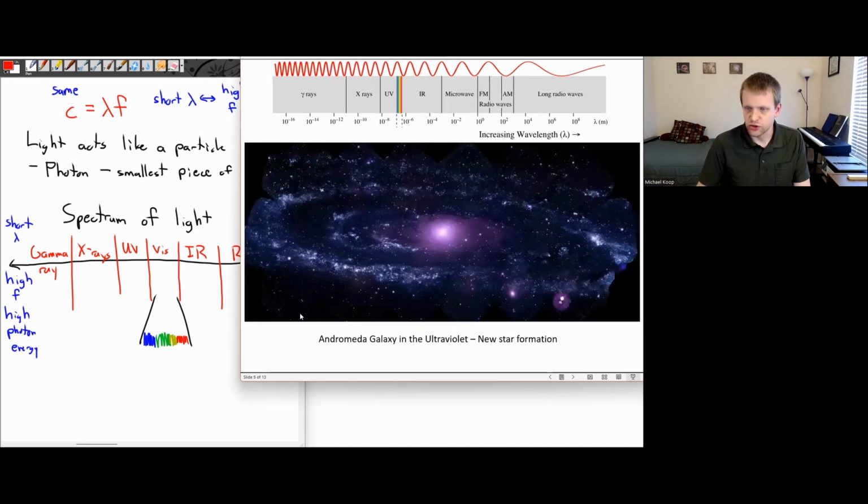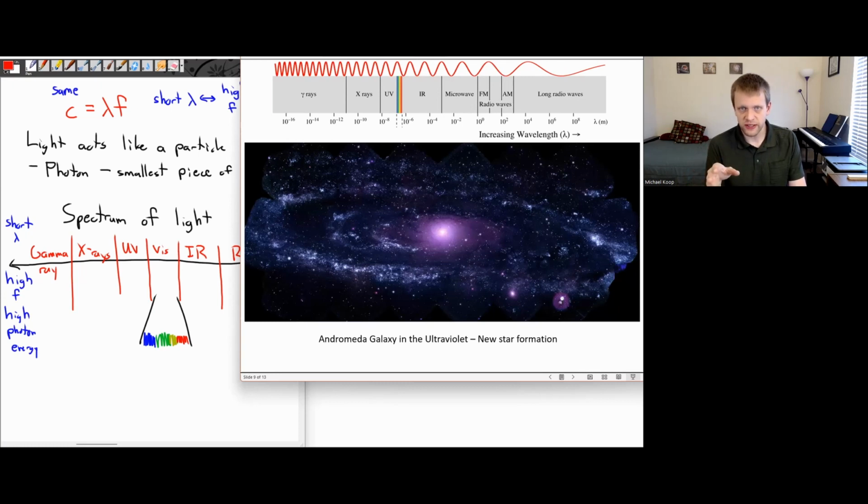This is the Andromeda Galaxy, specifically looking at the ultraviolet part of the spectrum. Now, I said that younger, short-lived high mass stars give off strong amounts of ultraviolet light.